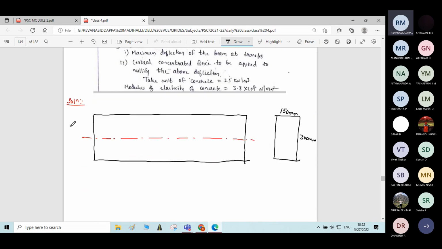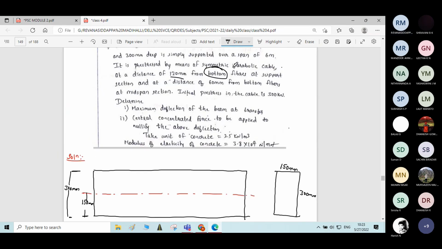Total height is 300 mm. So if total is 300 mm, the central axis will be at a distance of 150 mm.